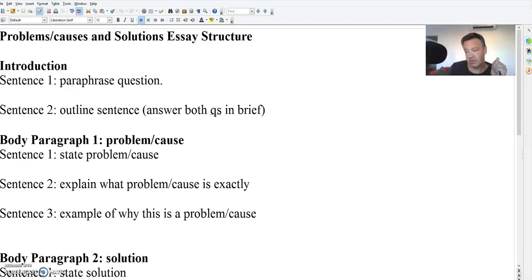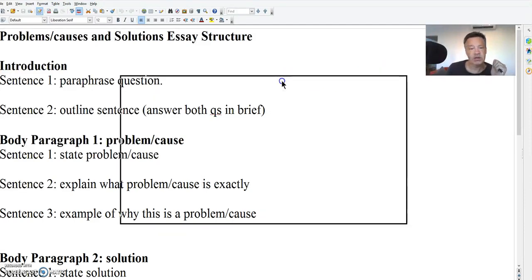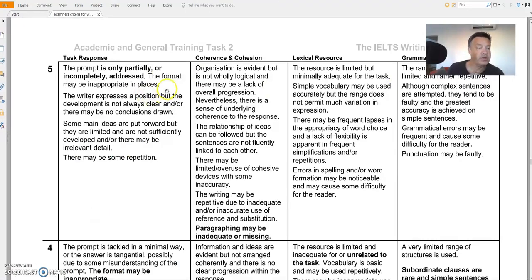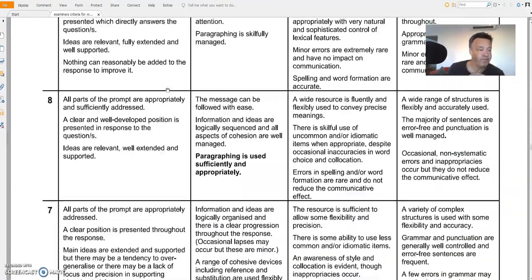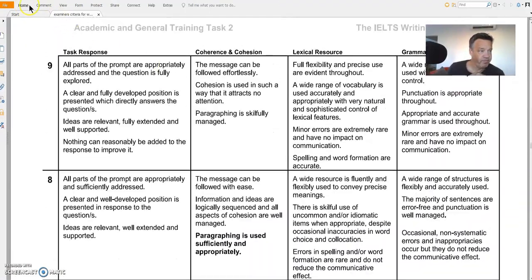I'll just show you the criteria. Again, although I show it in every video, it's still worth having a look at. Let me drag this over here. Right. So, what do we need for a 9? I'll get my pen. Okay. All parts of the prompt.